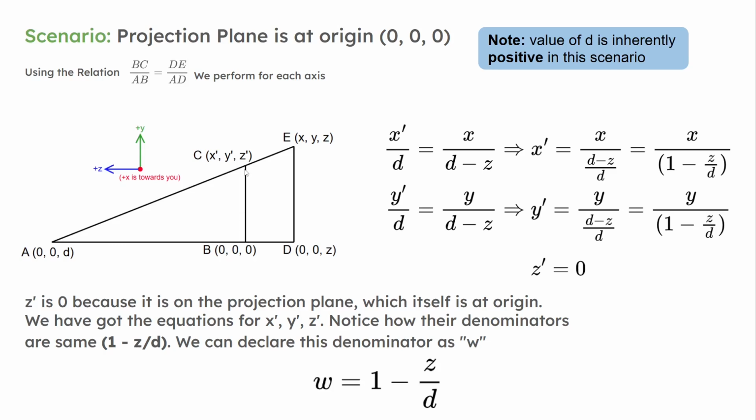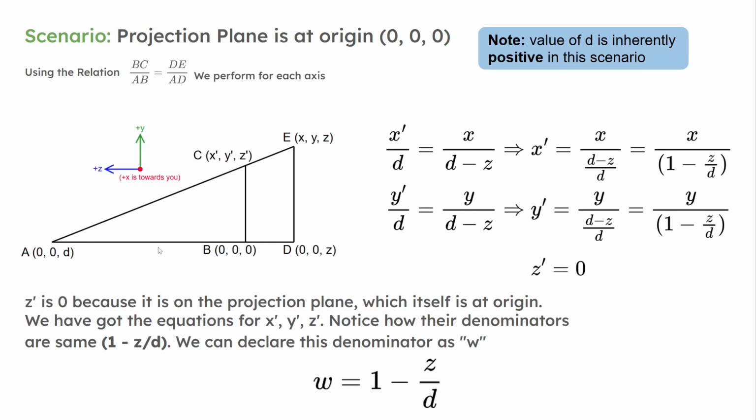And since the projection plane is at the origin and this point B indicates our projection plane center, the center coordinates are 0, 0, 0. Everything left of that has a positive z value and everything right of that has a negative z value.